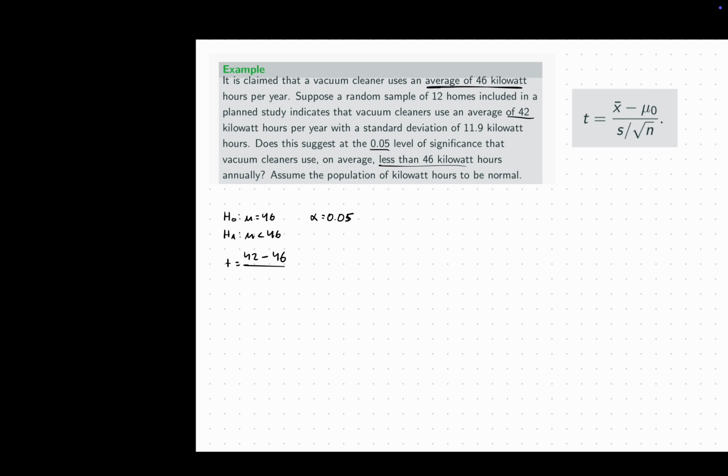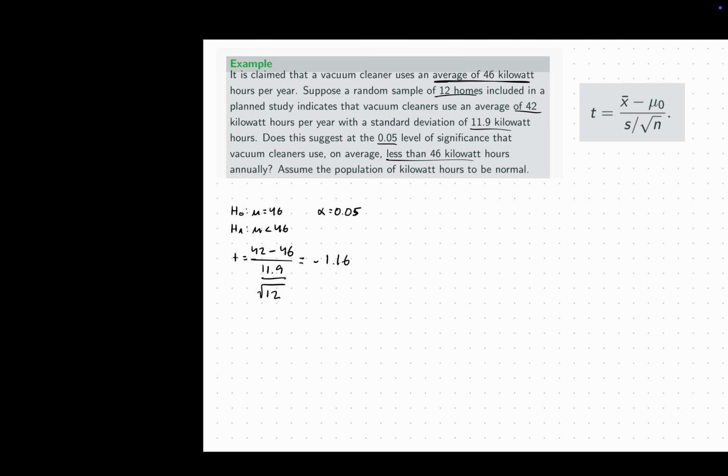Then we have our standard deviation of 11.9, and our sample size is 12 homes, so that's the square root of 12, and that is equal to negative 1.16.